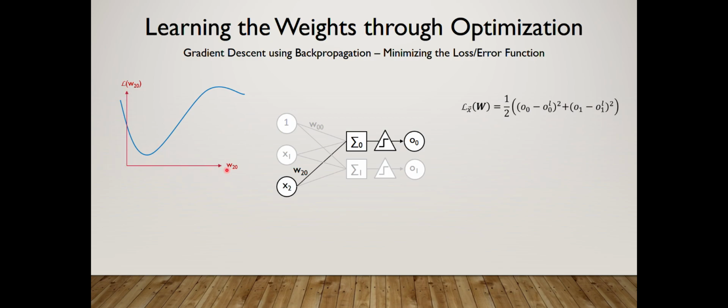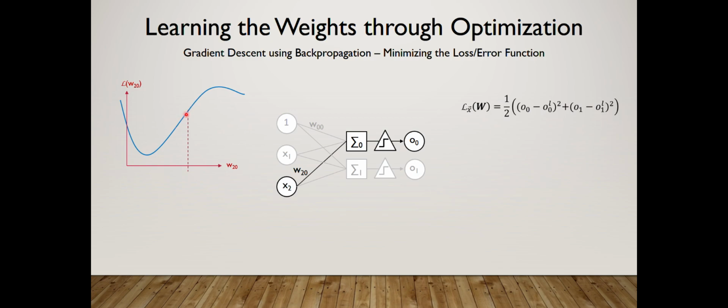This axis shows the value of the weight right now, and this function shows the error function. Let's also assume that the error function goes like this, which is not true, this function will not look like this, but let's just assume that for the sake of this discussion. And let's assume that our weight right now has this value here. How do we have to change it in order to minimize this error?